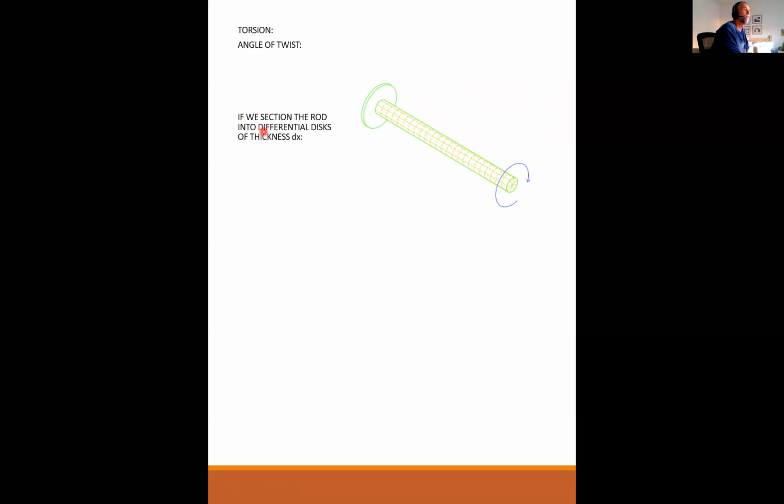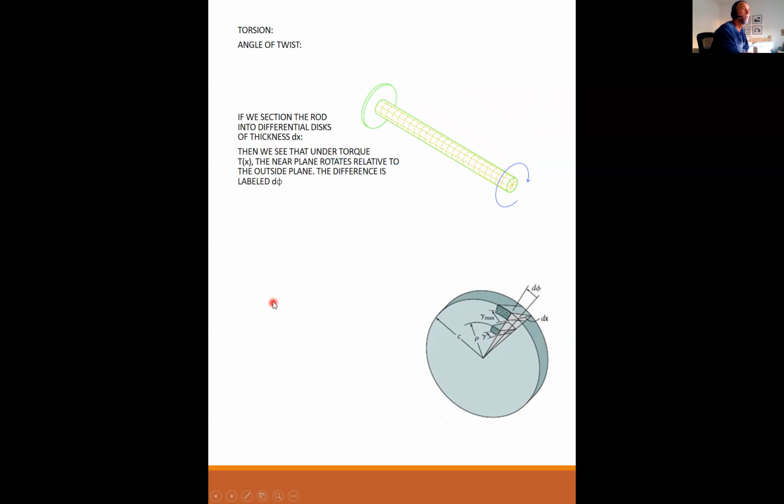So if we section the rod into differential discs of thickness dx, here's this illustration again. The thickness of this little slice is dx. Then we see that under a torque of T sub x, some arbitrary torque at some arbitrary location, the near plane rotates relative to the outside plane. The difference is labeled as d theta.